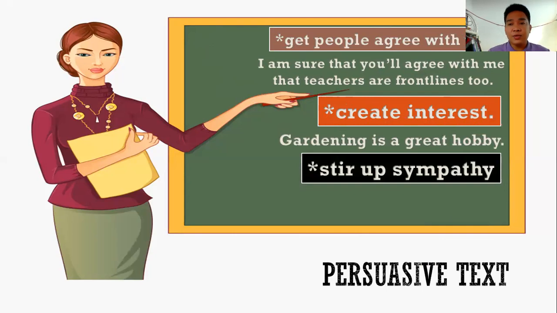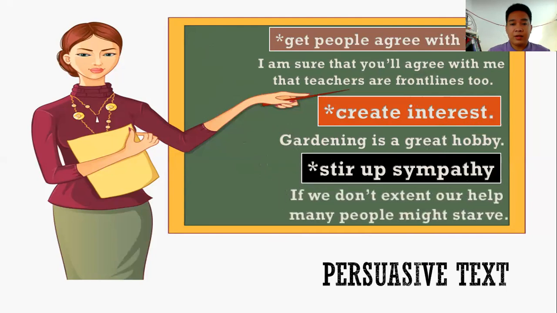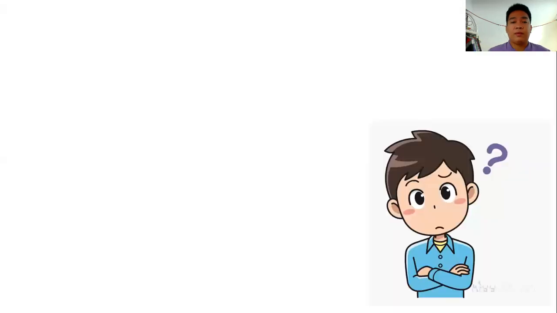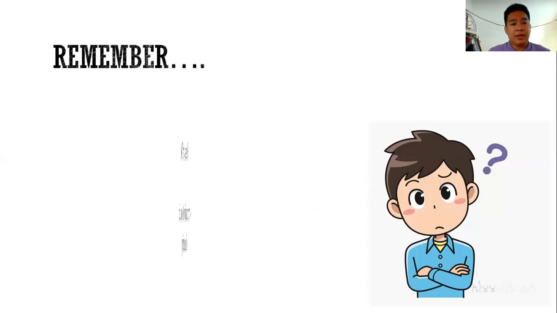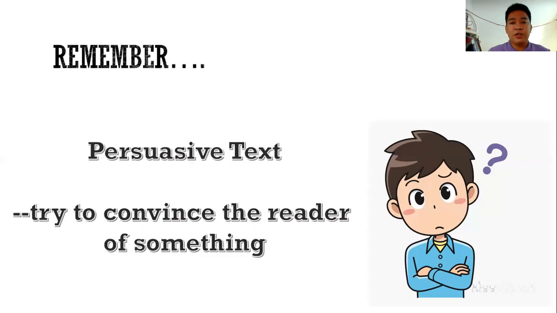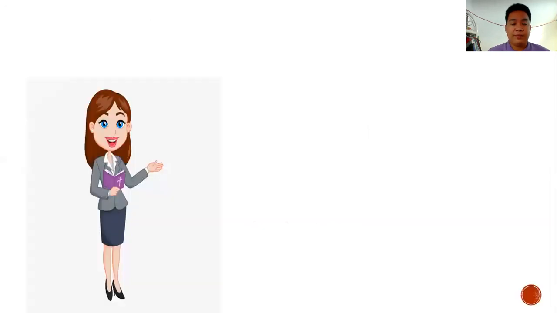Another thing is we have to stir up sympathy. For example, if you don't extend our help, many people will starve. So always remember that in a persuasive text, you have to try to convince the reader of something.